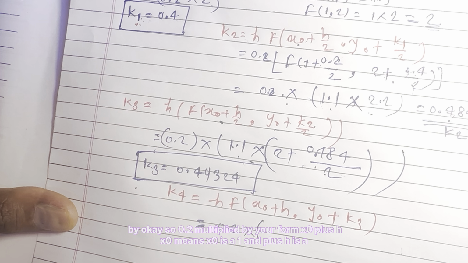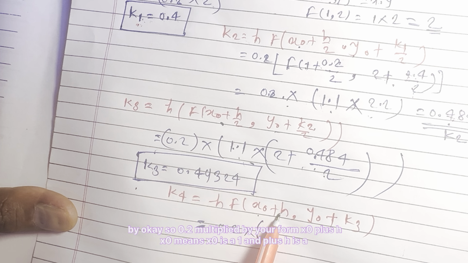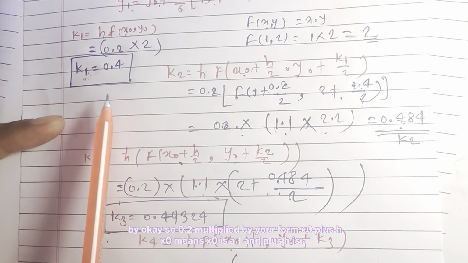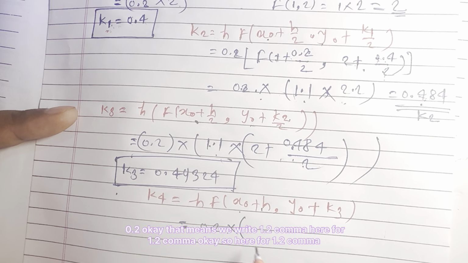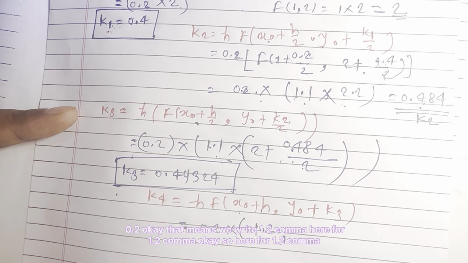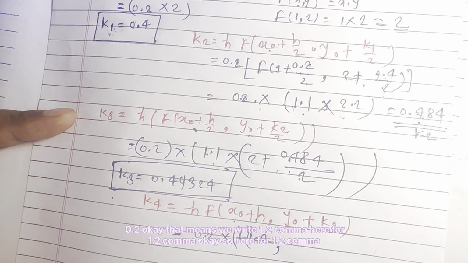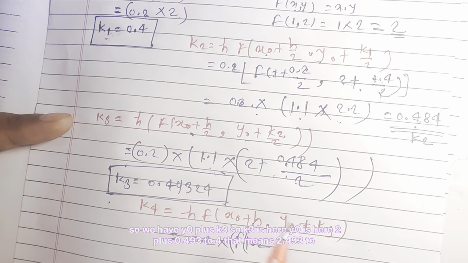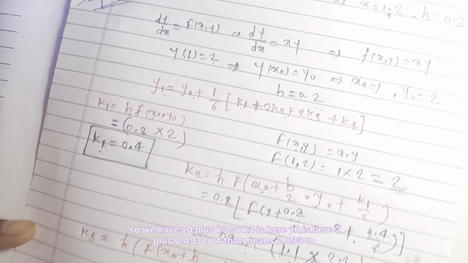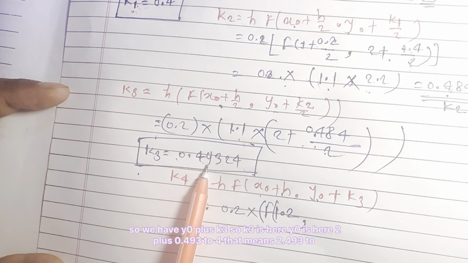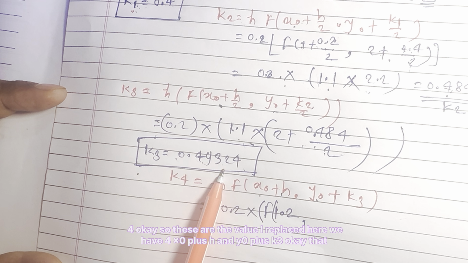0.2 multiplied by f of x naught plus h. x naught is 1 and plus h is 0.2, that means we write 1.2 comma, f of 1.2 comma, so we have y naught plus k3, so y naught is 2 plus 0.49324, that means 2.49324.